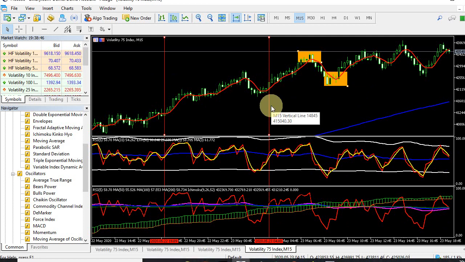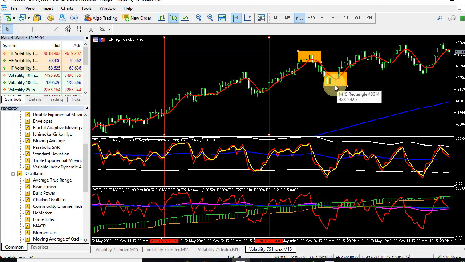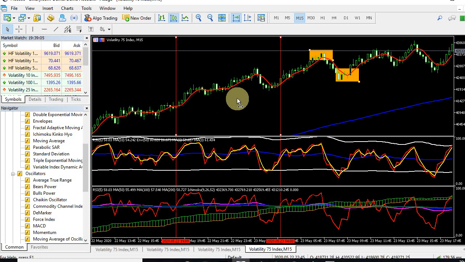And you can even use it for gold, to trade gold, forex, euro USD, GBP USD, so long as you can load the chart on MT5. So that's that about FX volatility index 75 scalper.